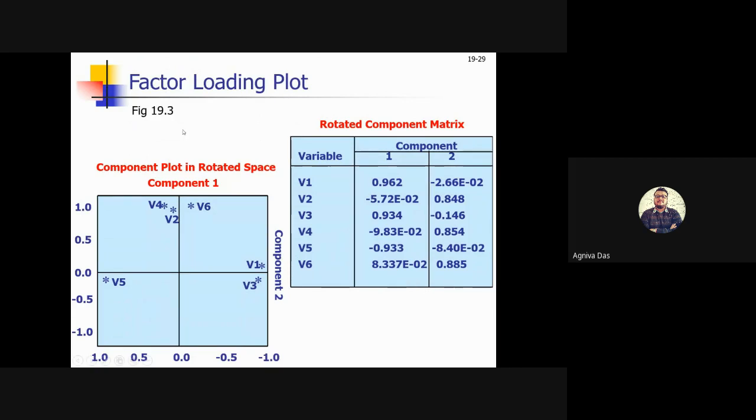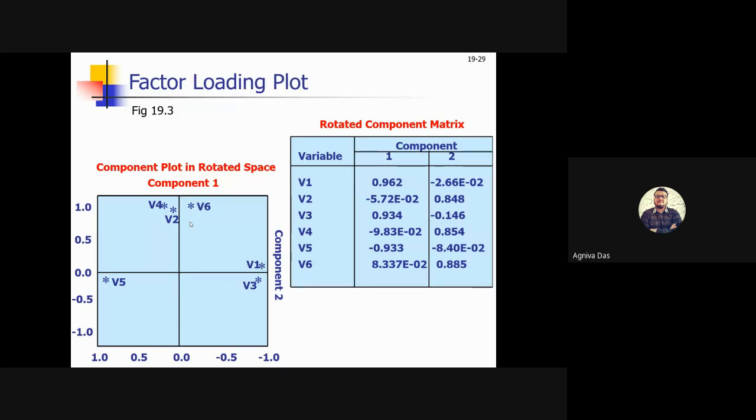Now let us look at a factor loading plot. Here, as you can see, in component 1, V6, V1, and V3 are negative, but V2, V4, and V5 are positive. In case of component 2, however, V1, V2, V4, and V6, these are the four.